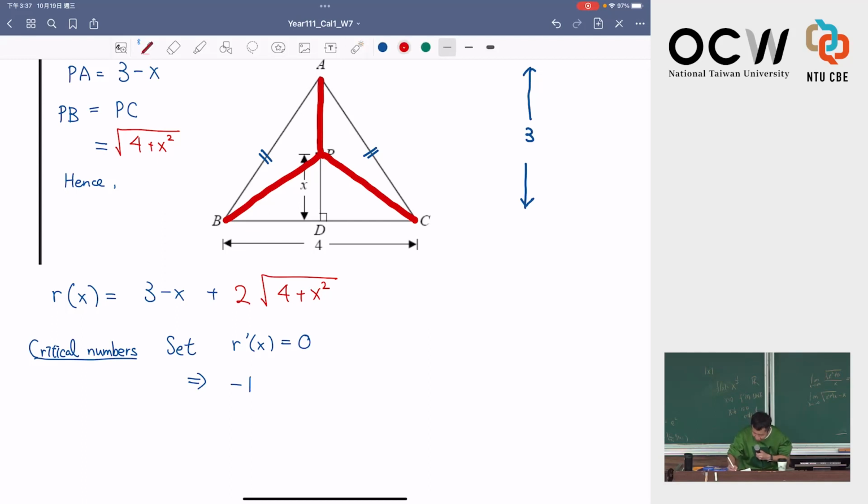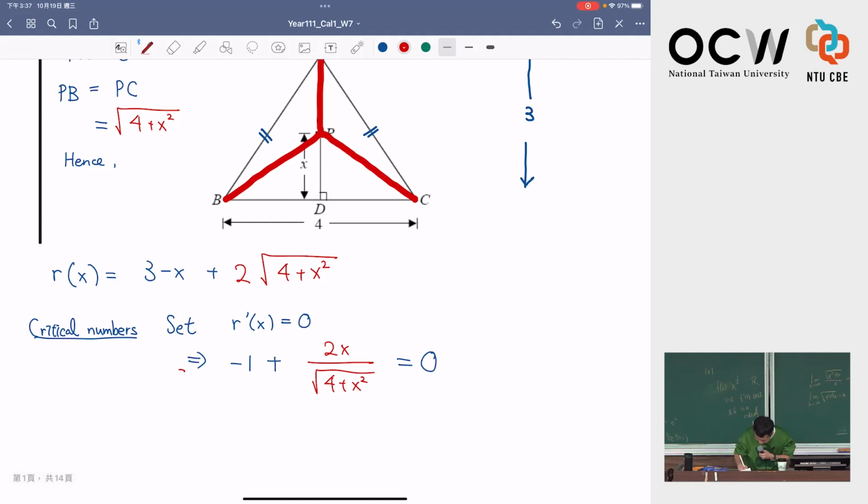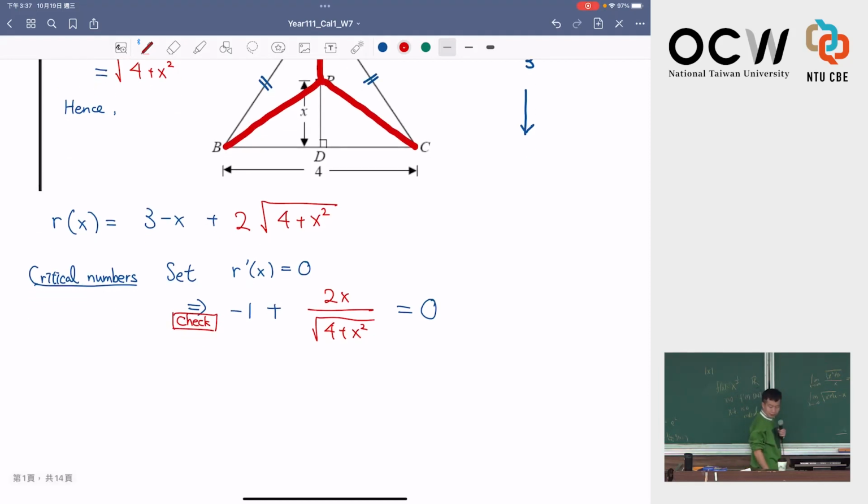So if I differentiate correctly, then I will get -1 plus 2x over the square root of 4 plus x squared equals 0. Please check. So in particular, -1 plus a fraction equals 0. That means this fraction equals 1, which means the numerator equals the denominator.